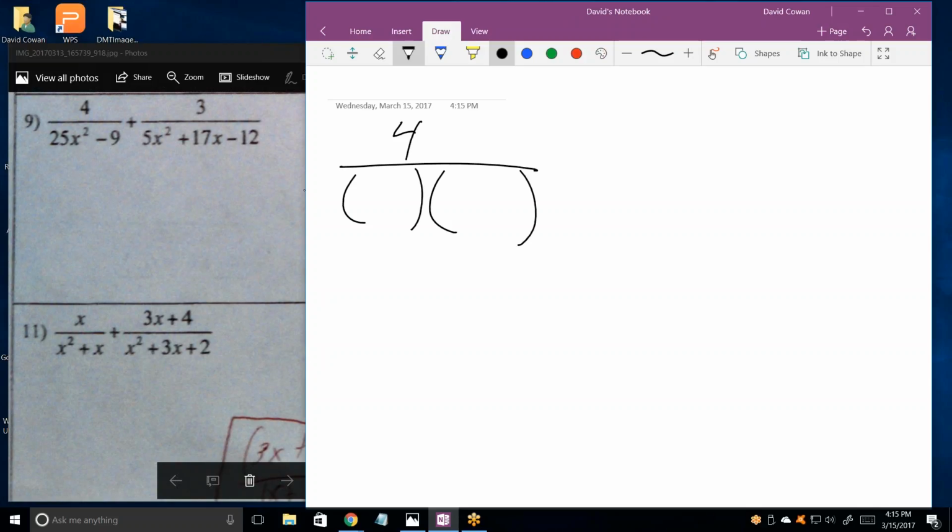What's the bottom left factor into? It's going to go 5x plus 3, 5x minus 3. What's the bottom denominator factor into?